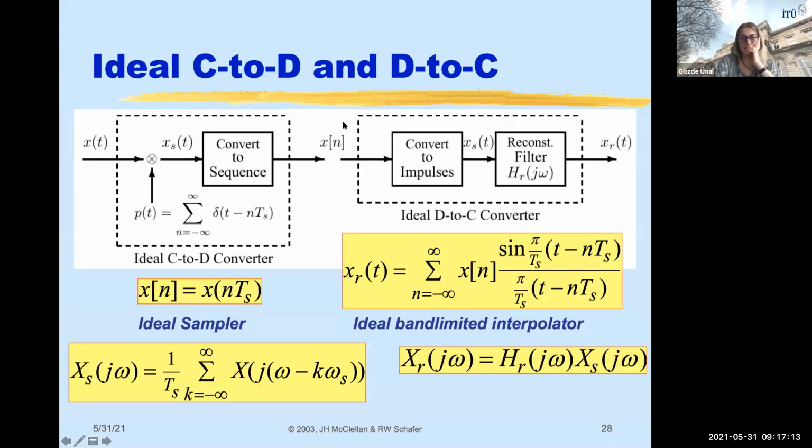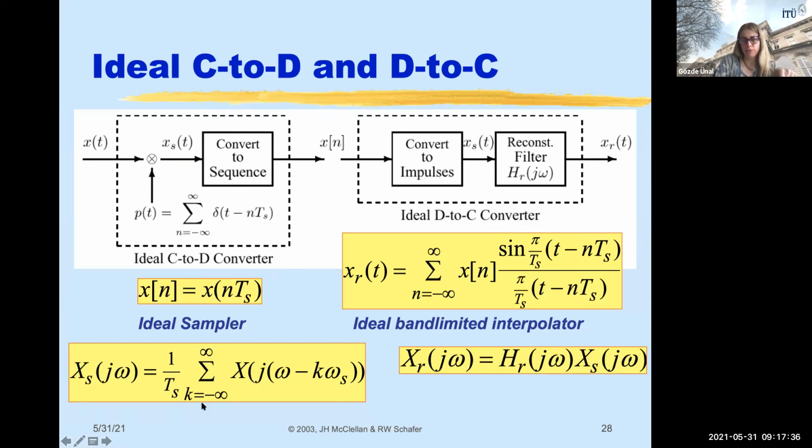So here is a summary: ideal continuous to discrete and discrete to continuous converters. On the left, we have the analog to digital or continuous to discrete converter, going from the continuous time signal x(t) to x[n]. This is the ideal sampler.